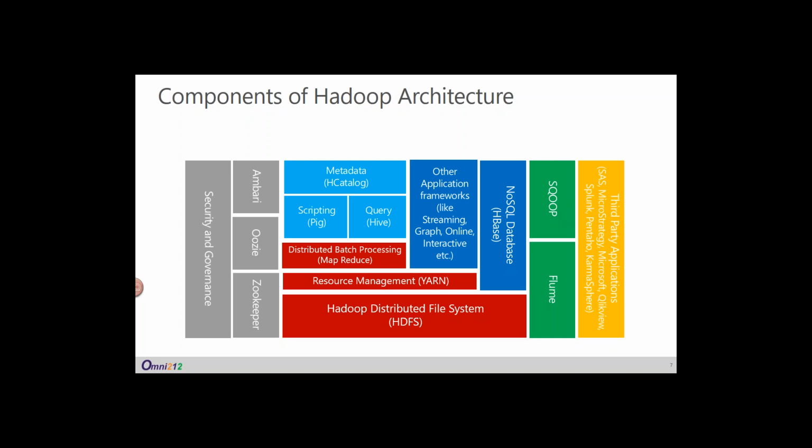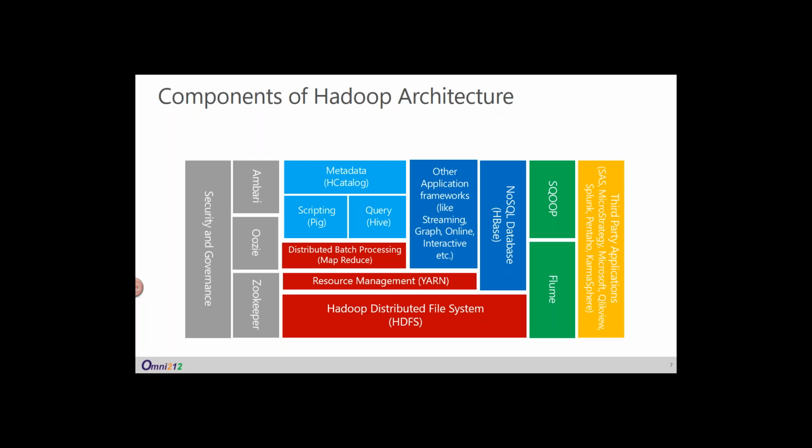Management frameworks are shown in gray color. It includes various frameworks for overall management and administration of Hadoop, like Zookeeper, Ambari, Oozie, and other security and governance related components. Development frameworks are shown in blue color, which denotes the high-level languages like Pig and Hive. These are used to query the data which is stored in Hadoop. Business intelligence and reporting frameworks are shown in yellow color.